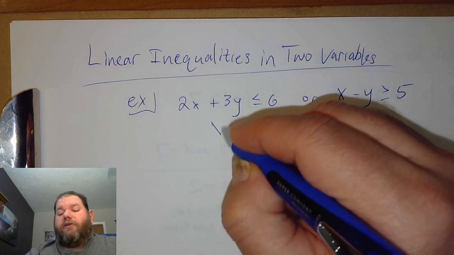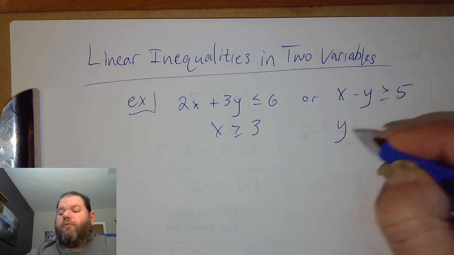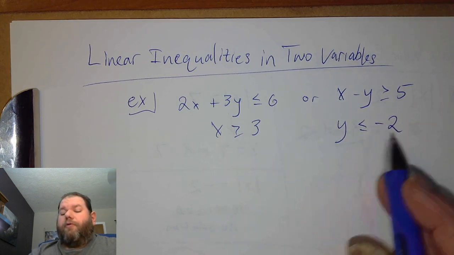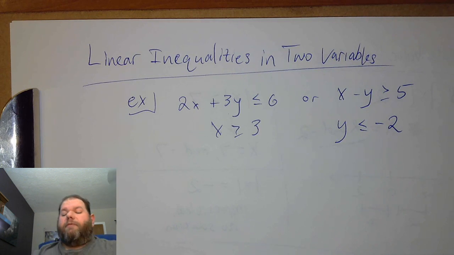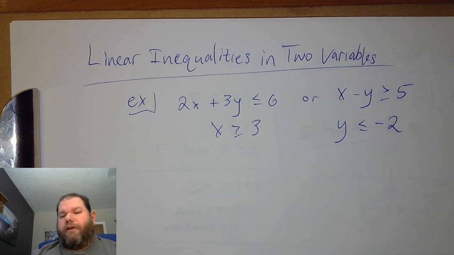We could also just say x is greater than or equal to 3, or y is less than or equal to -2. Both of those are considered single variable inequalities, but part of this two variable setup. Okay. Because even though we're using two variables, we only use one in the definition of the expression.